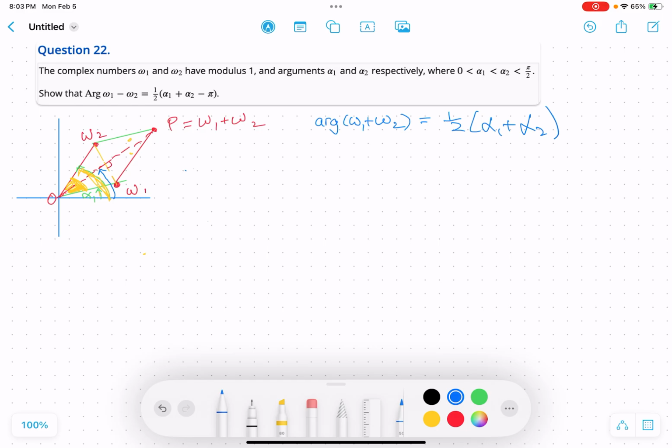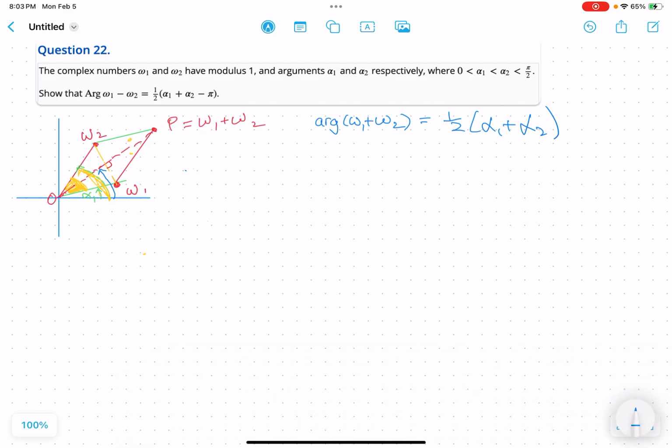We want to show that the argument of W1 minus W2 is equal to half of alpha 1 plus alpha 2, minus pi. It's got a minus pi in it, so it's already giving me a bit of a hint, because at the moment I've got half of alpha 1 plus alpha 2. So how is OP related to what I'm trying to get?